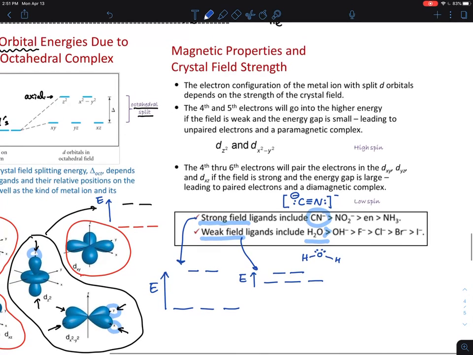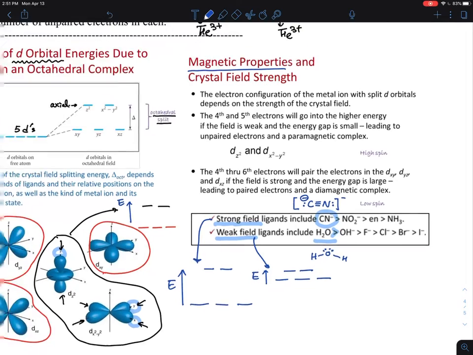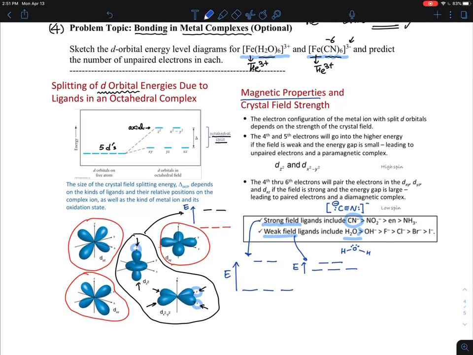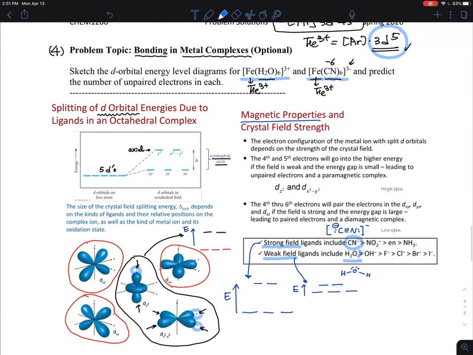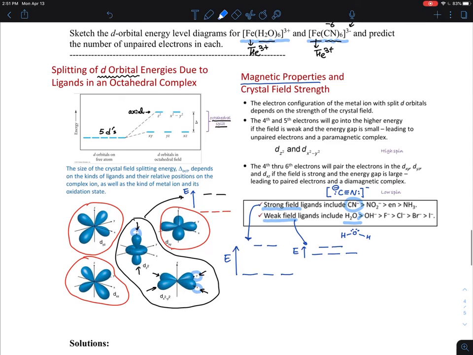This is essential for the magnetic properties. Here you have the splitting of the ion, and the most important point is that you have 5 electrons. I am going to write it here: Fe(CN)6 hexacyano ion complex, 3 minus.